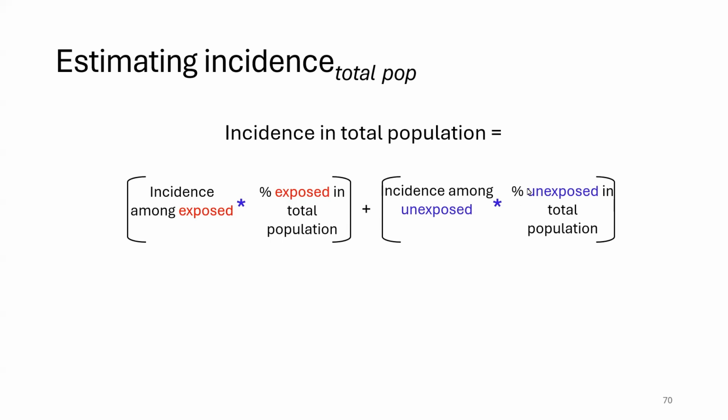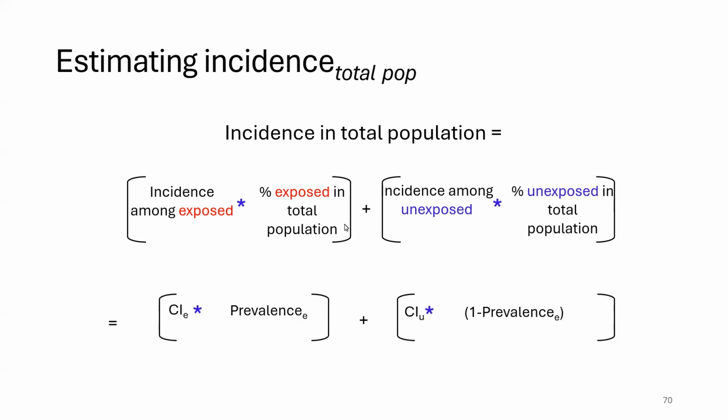So we can calculate that by taking 1 minus the prevalence of the exposed. To simplify this, we would have incidence in the exposed multiplied by prevalence of the exposure, and adding that to the cumulative incidence in the unexposed multiplied by 1 minus the prevalence of the exposure.